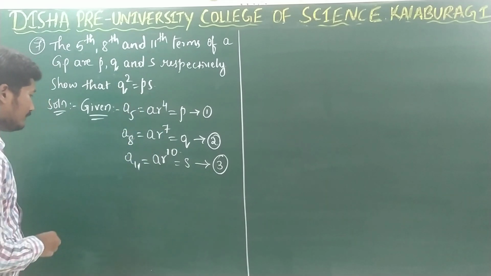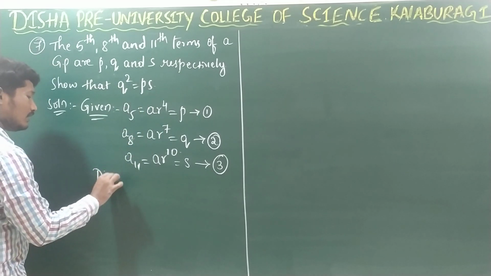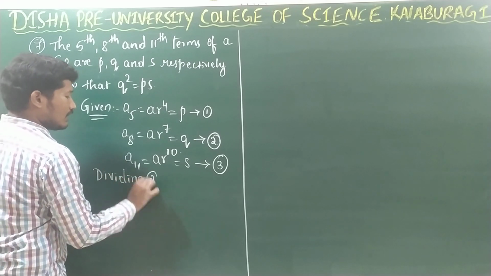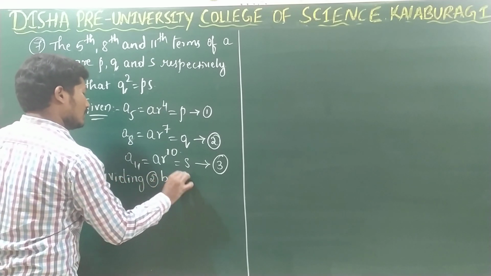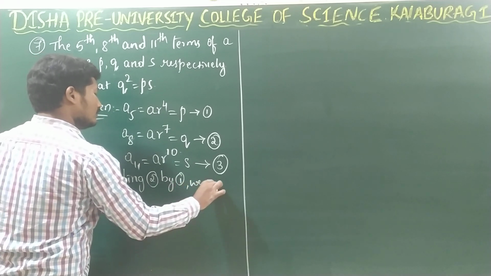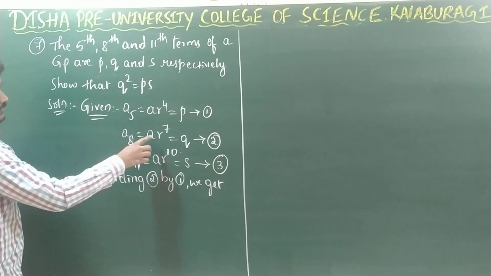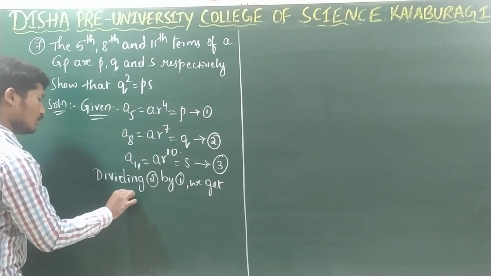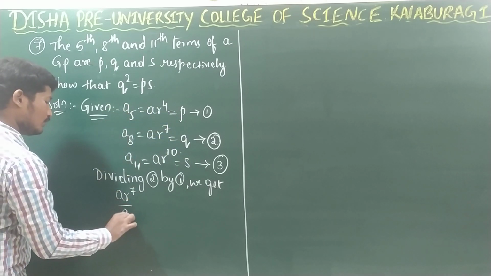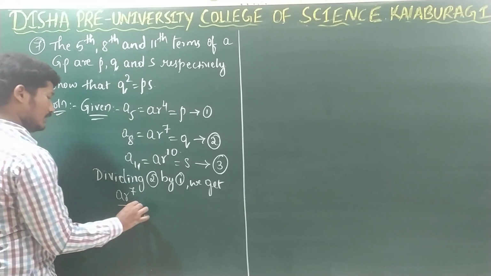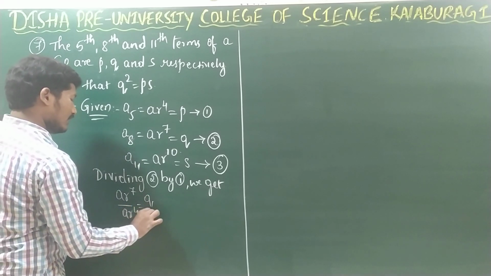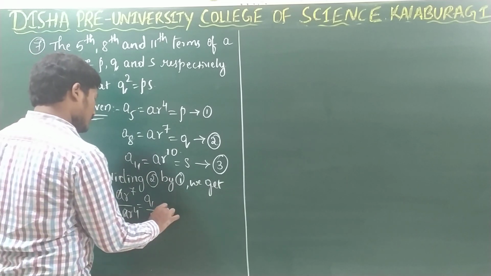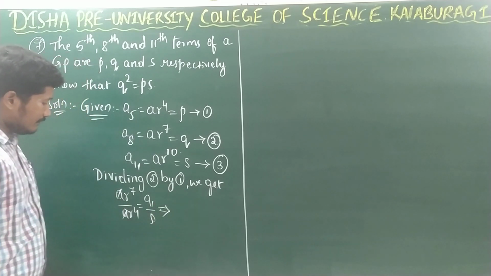So see here. First we are dividing equation number 2 by equation number 1. Let's see what we get. LHS to LHS and RHS to RHS. So A into R power 7 by A into R power 4 is equal to Q divided by P. A cancels.